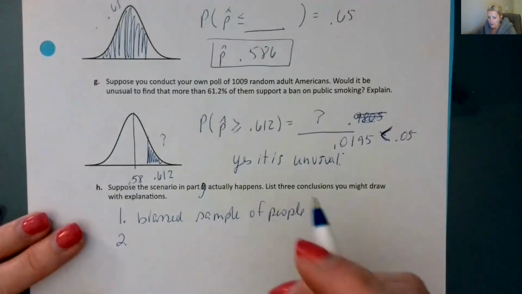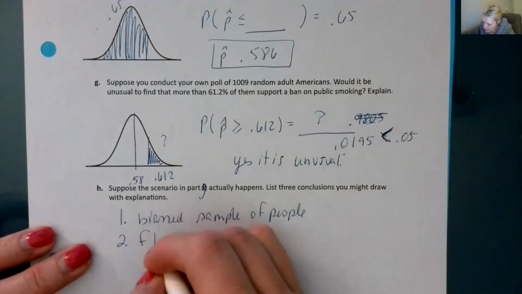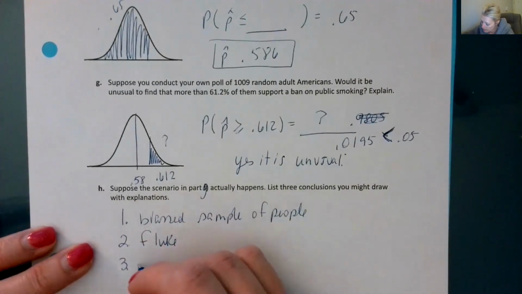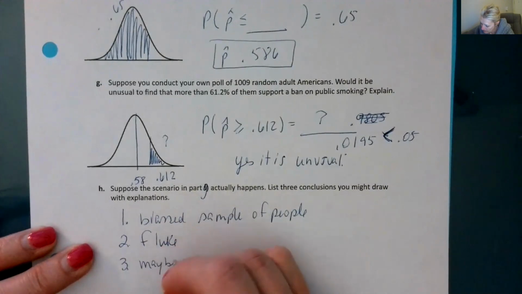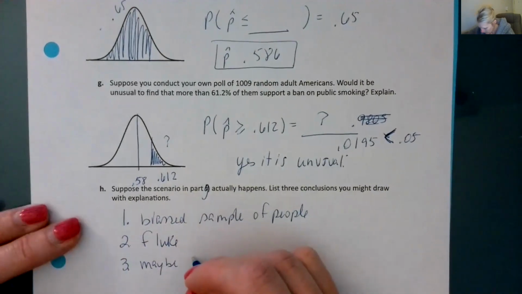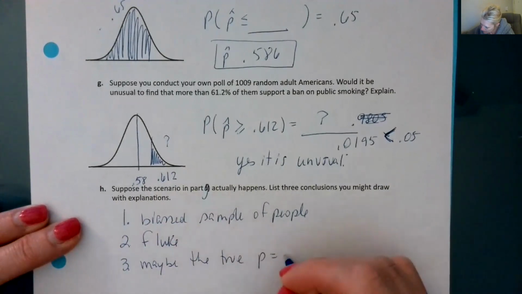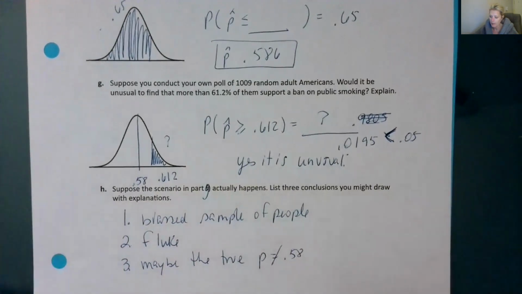It could also be, it is just a fluke. And the third could be, maybe the true proportion is not equal to 0.58. Okay, and so that would change all of our outcomes if that were the case.